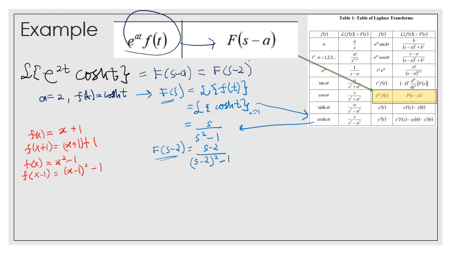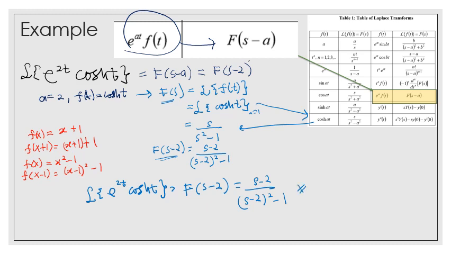So we get F(s minus 2), substituting only into F(s). For the solution, the Laplace transform of e to the power 2t cos t, based on the table, is F(s minus 2). We already found the solution, which is equal to (s minus 2) over ((s minus 2) power 2 minus 1). This will be our final solution.